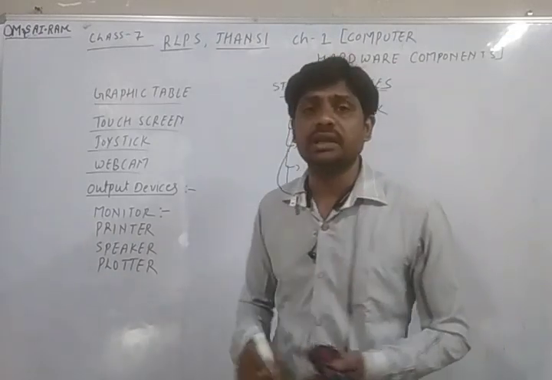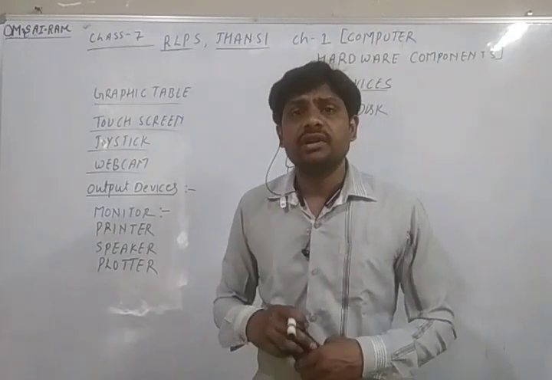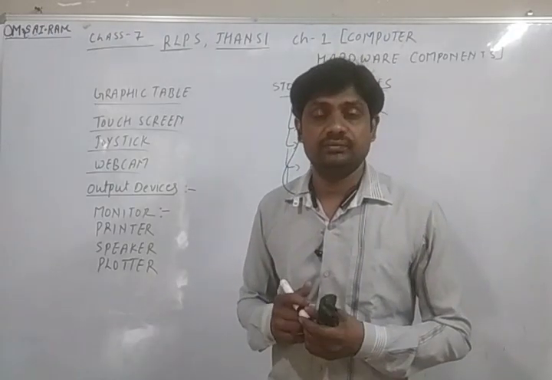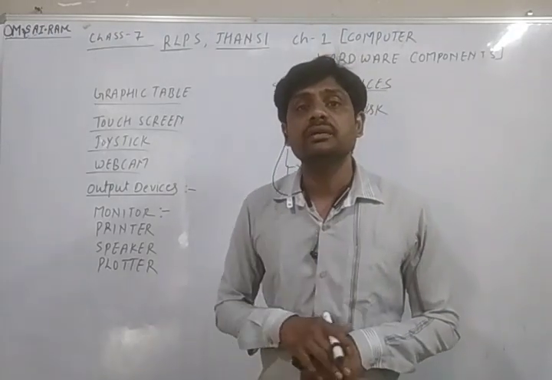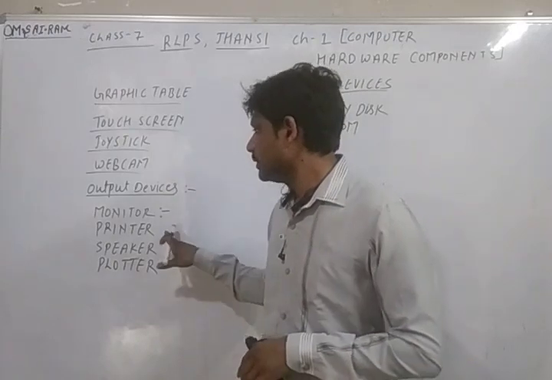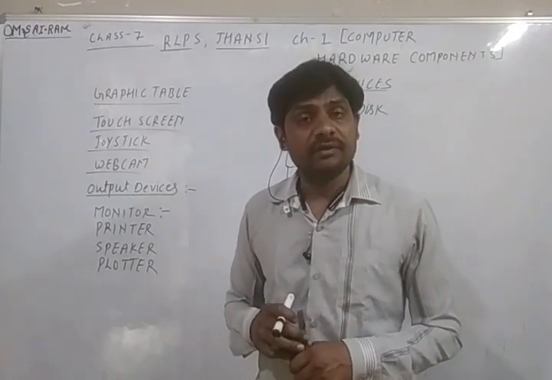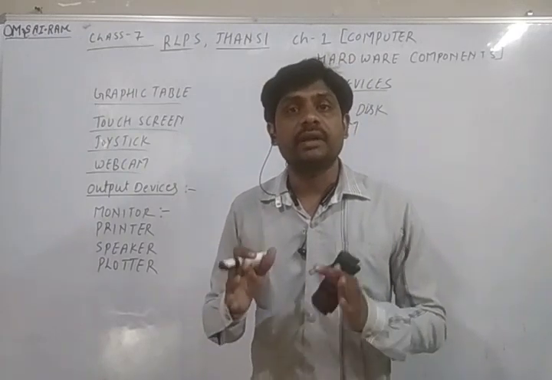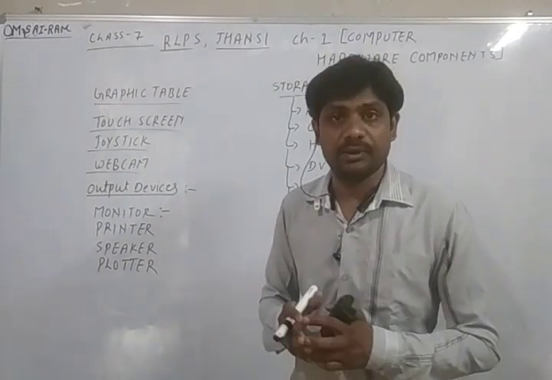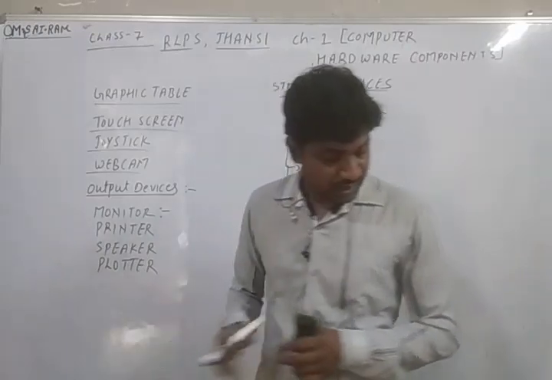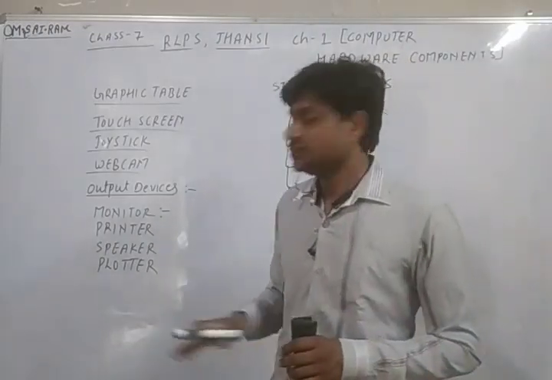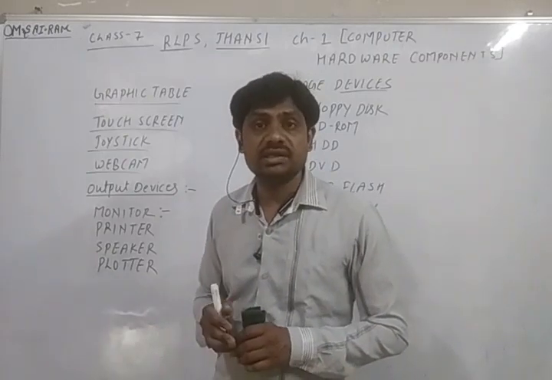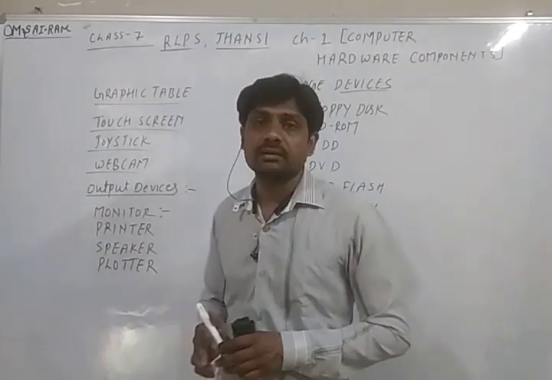Now next is printer. Printer is also a peripheral device, and it generates hard copy in printed format. Right, children? It generates hard copy in written form on paper. Printer also displays text and images. Okay.